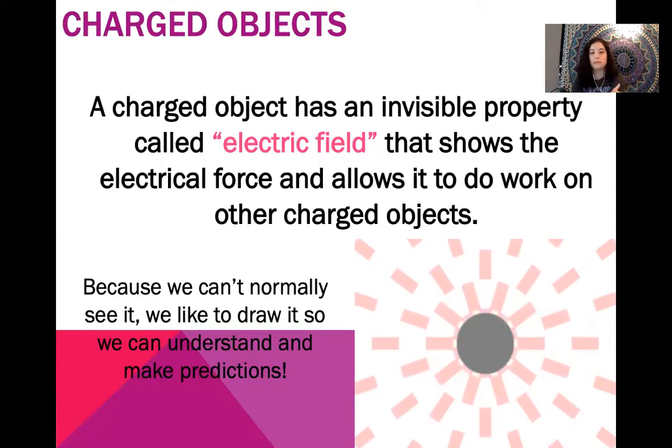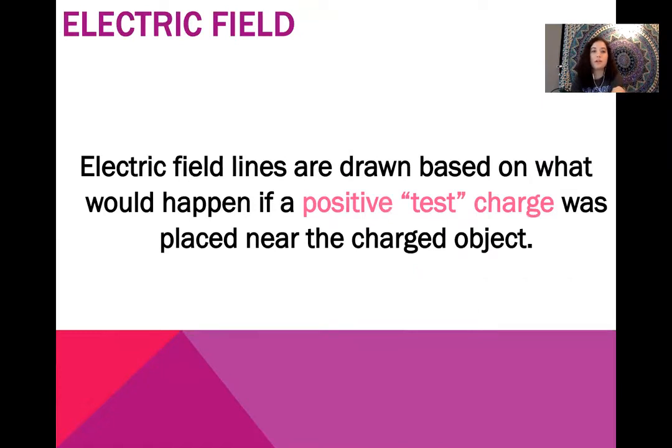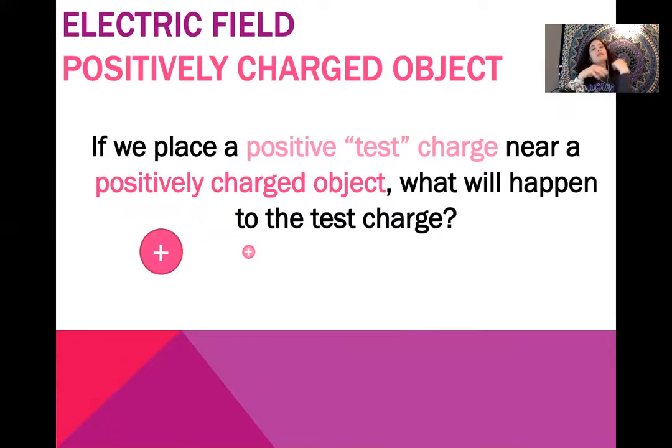Two things happening. So we figure out the direction of our electric field lines based on what would happen if we put a positive test charge near the object. So we have a charged object, and we think, if I put a positive charge near it, what direction would the electric force point? So let's say our object is positively charged, and in the slideshow, you can see it's that larger pink charge.